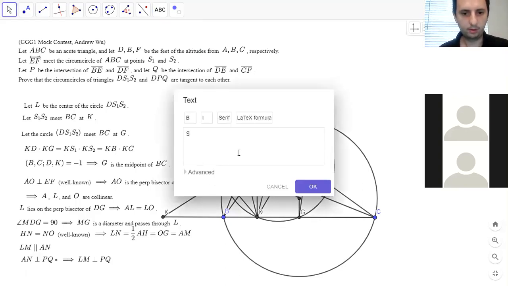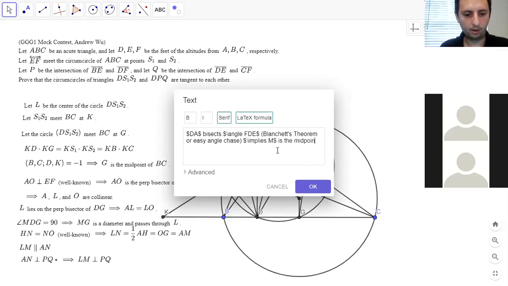I'll say DA bisects angle FDE. So that's Blanchet's theorem, or easy angle chase. And that implies M is the midpoint of arc IJ.